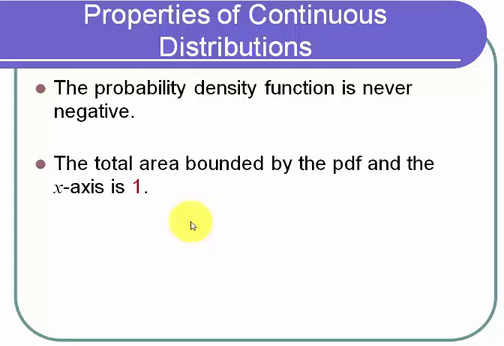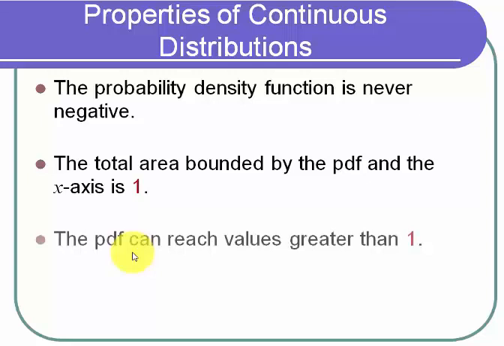But there's one thing that you may feel is true that's not, and that is that the probability density function can reach values greater than 1. That feels wrong because we learned for discrete probabilities that you can never have values greater than 1. But for continuous distributions, you can. And that's because we're talking about area under a curve.